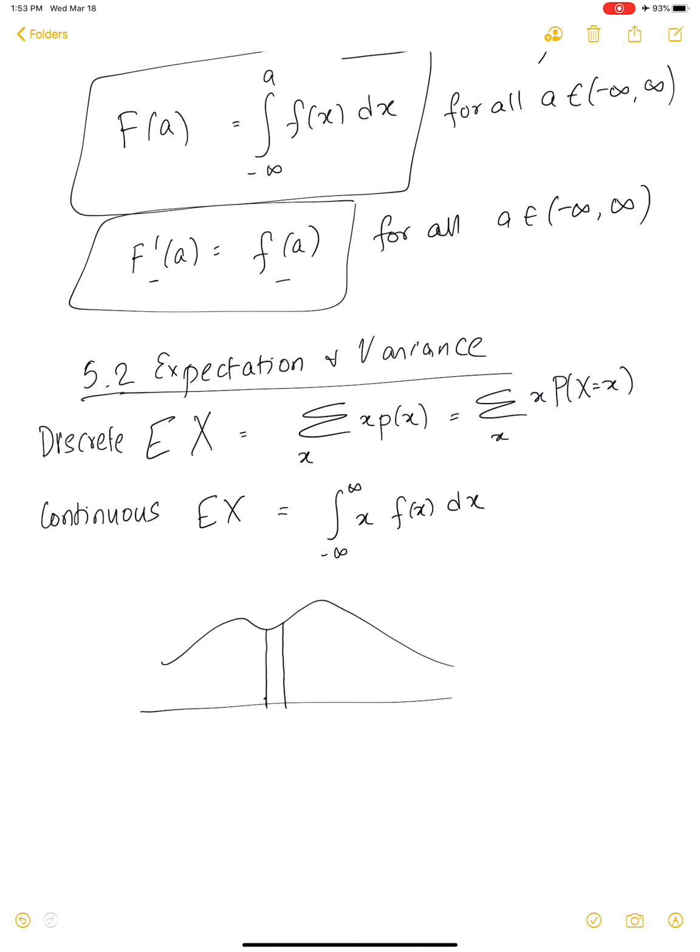If you look at f of x times dx, that is approximately going to be the probability that the random variable X is in that interval.